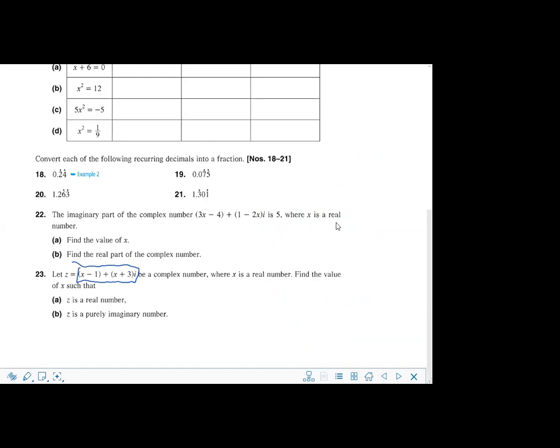Z is a complex number, and then find the value of X such that Z is a real number. Part A。好啦，今次都講咗咯。If Z is a real number, 咁我哋頭先學嘅嘢，如果佢係 real number 嘅話，即係話佢嘅 imaginary part should be equal to 0。咁佢嘅 imaginary part 係乜嘢？就係 x plus 3。The imaginary part of Z is equal to x plus 3.